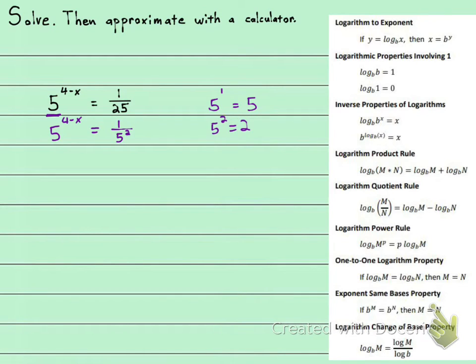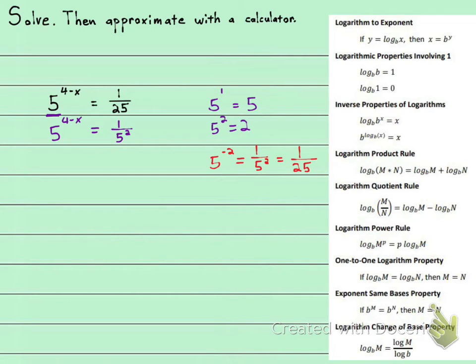The other thing you have to know is that to move something from the top or bottom of a fraction, you have to have a negative exponent. So if I make this exponent negative, 5 to the power of negative 2, that is the same thing as 1 over 5 squared, which is the same thing as 1 over 25.